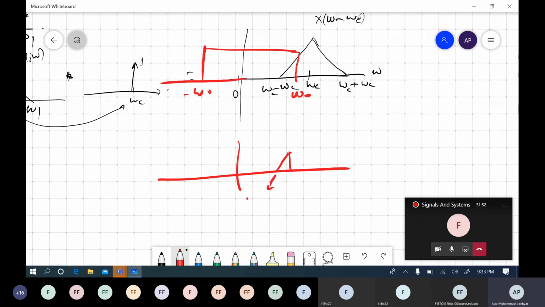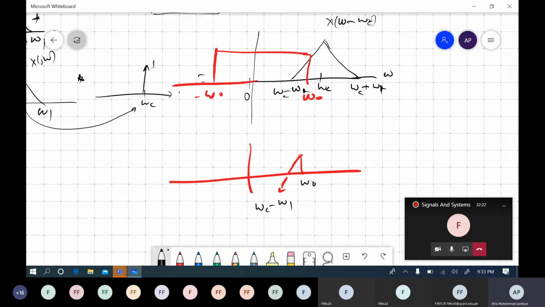This signal is defined from omega c minus omega 1 to omega 1, and this must be omega naught, right?